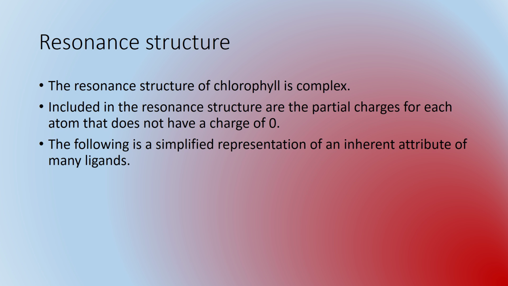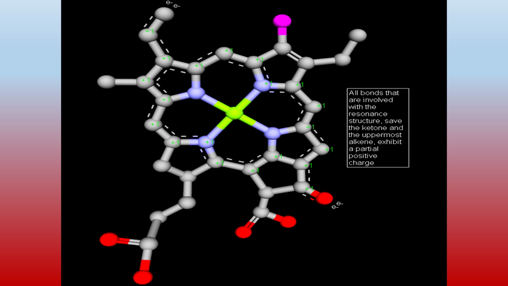Also indicated on the structure are the partial positive charges and the unpaired electrons on the superior methyl and the furthest ketone. As was mentioned, you see the positive charges and the unpaired electrons off of the ketone and the ethyl group.